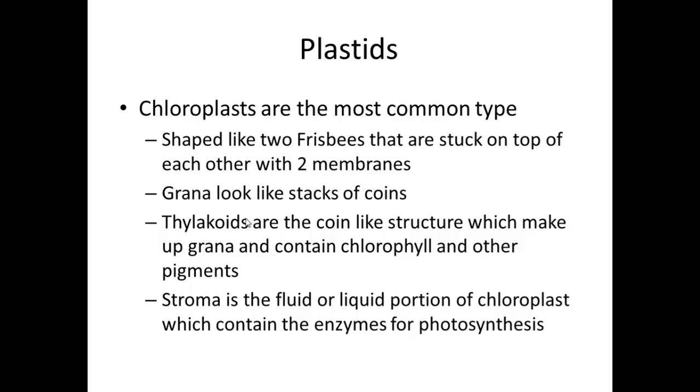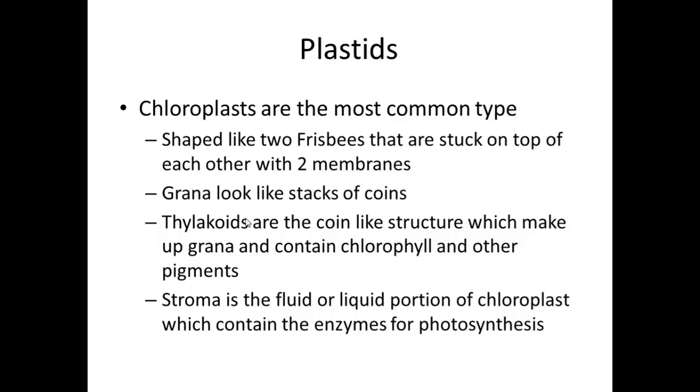Plastids, so this is the general name for organelles that have photosynthesis, have chlorophyll and contain photosynthesis. There are a bunch of different types, but the most abundant one is called chloroplasts. This is shaped like two frisbees that are kind of stuck on top of each other in the same configuration.